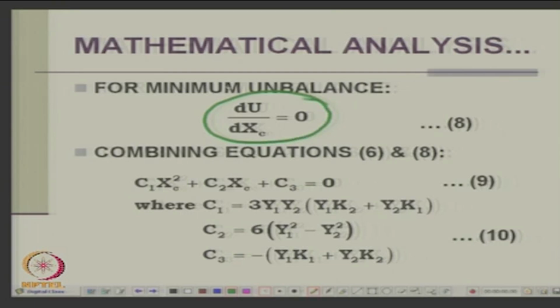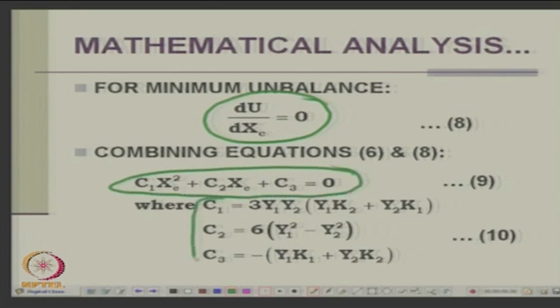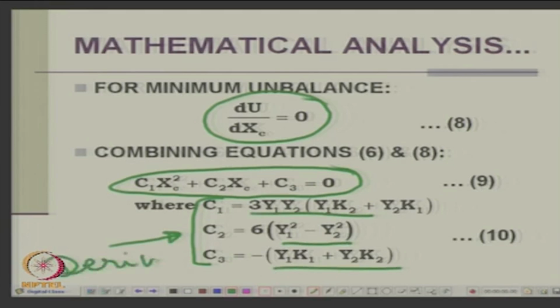You derive d by dXc of the unbalance factor, and then you get an expression in terms of Xc, where the constants C1, C2, C3 are given by this, and again I want you to derive these. Note down these expressions.